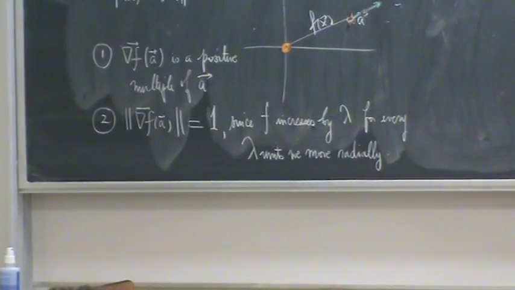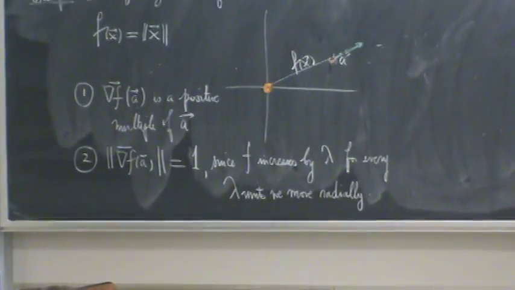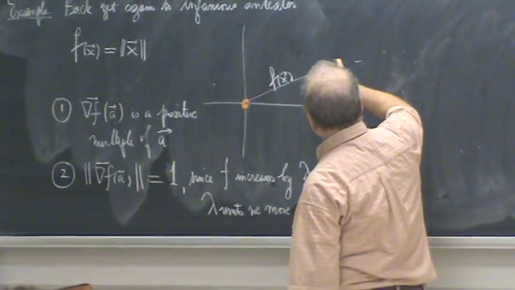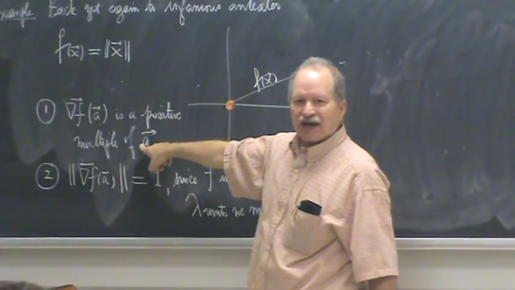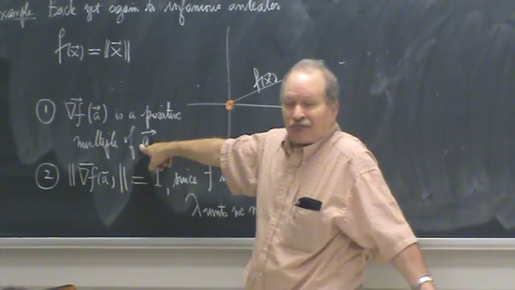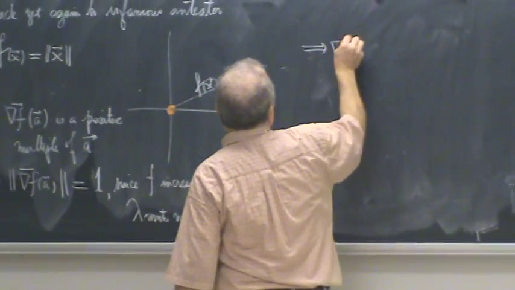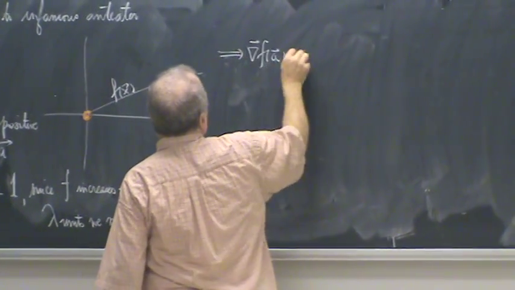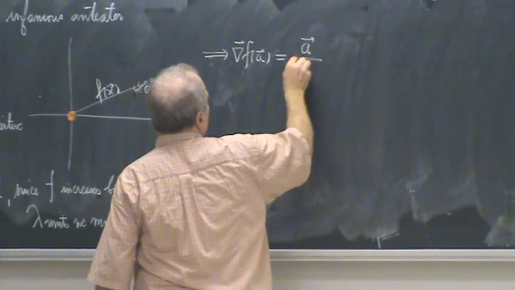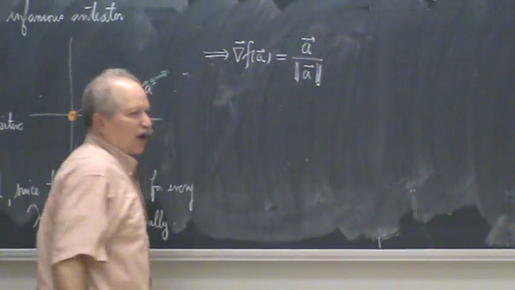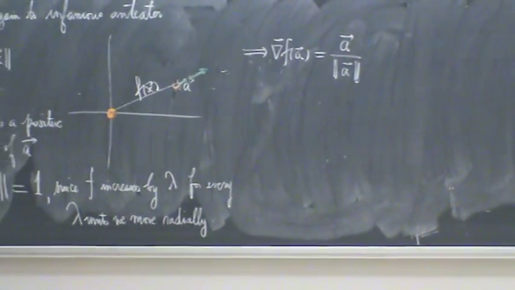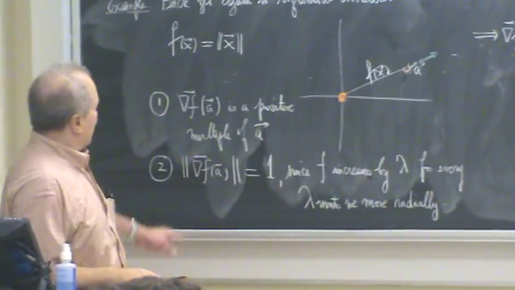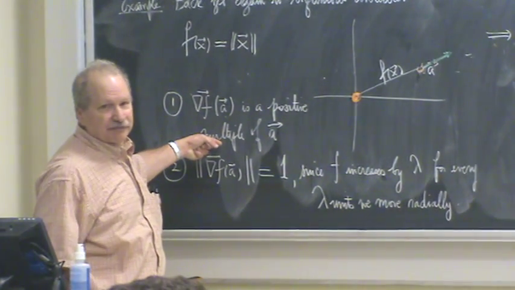which is radial. So therefore, we deduce from this, how do I get a unit vector that's pointing in the direction of A? Gradient over its magnitude. That's the positive multiple of A that has length 1.